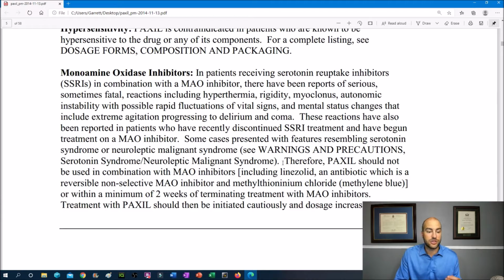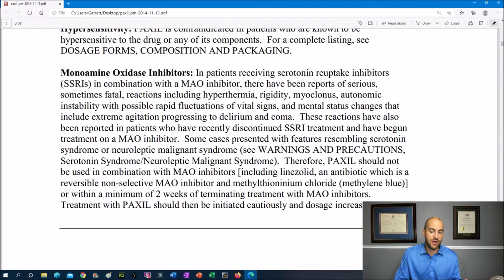Therefore, Paxil should not be used in combination with a monoamine oxidase inhibitor, and this includes linezolid, an antibiotic which is a reversible non-selective monoamine oxidase inhibitor, and methylthioninium chloride, methylene blue, or within a minimum of 2 weeks of terminating treatment with a monoamine oxidase inhibitor.